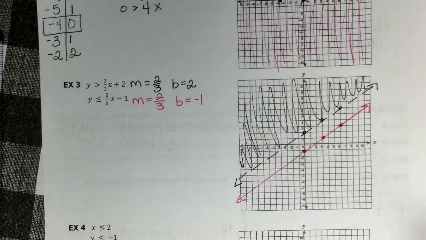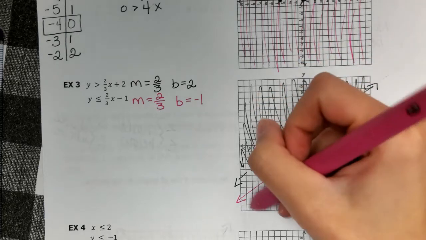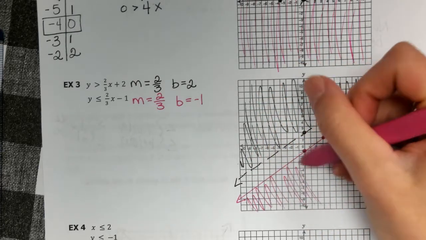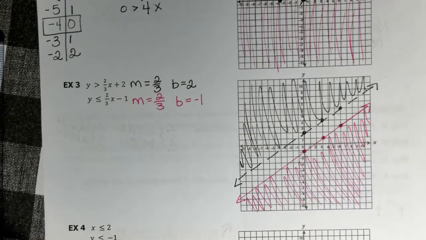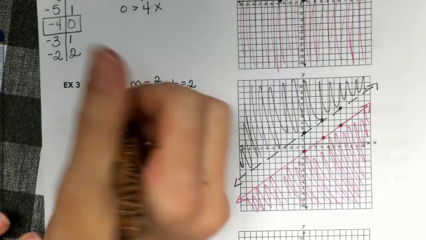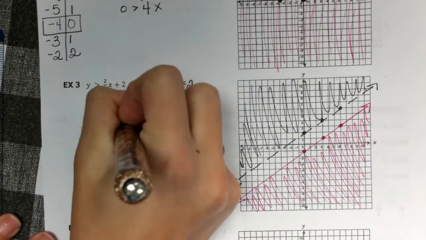And it's less than, so I'm going to shade below. So for this case, do I have an overlap shaded region? No. So if I do not overlap whatever is there, my answer is no solution.